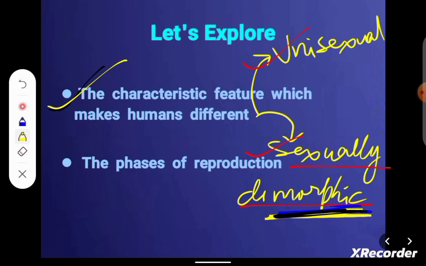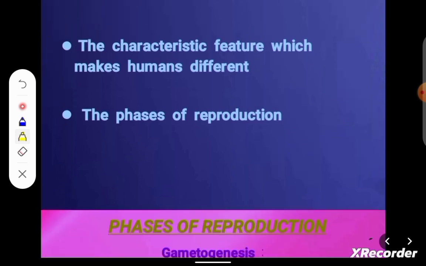So there are some accessory organs, the secondary organs, which make humans different from each other. Men we can identify by the presence of beards and mustaches, and women we can distinguish from men by the absence of facial hair.